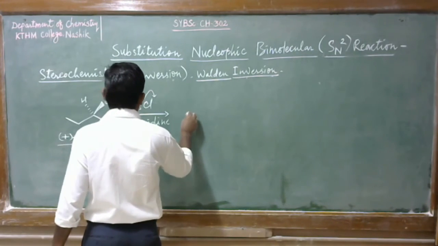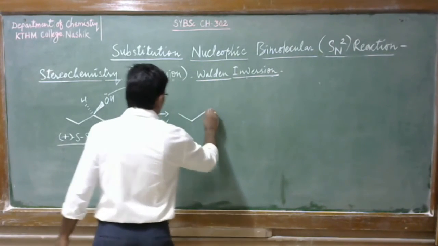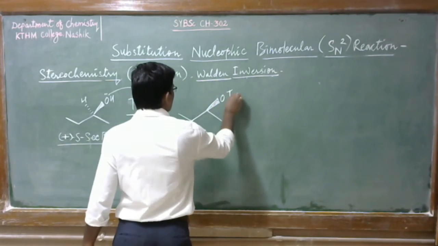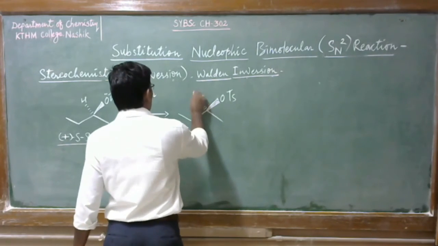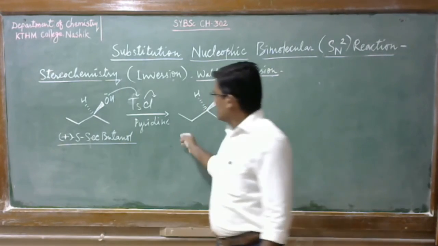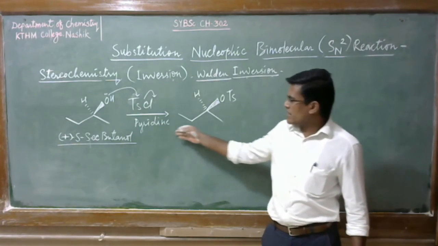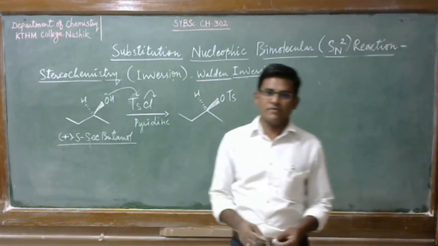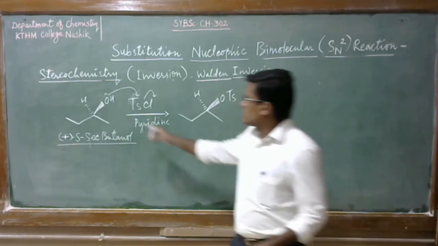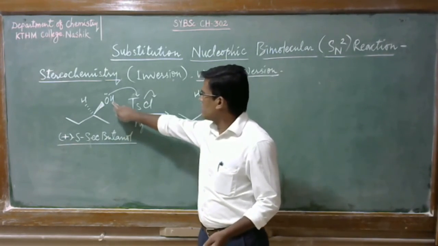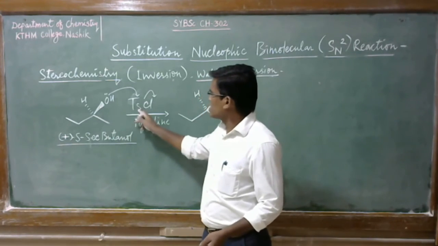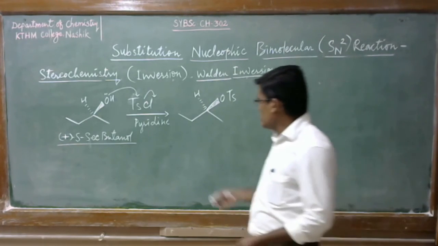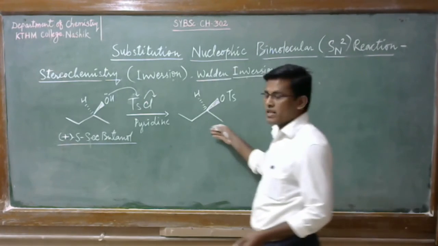So we will get this OTs. Here you can see the retention of configuration. Why is it so? Because there is no bond breaking. Just this proton gets deprotonated and the tosyl group gets attached. So there is no change in configuration.